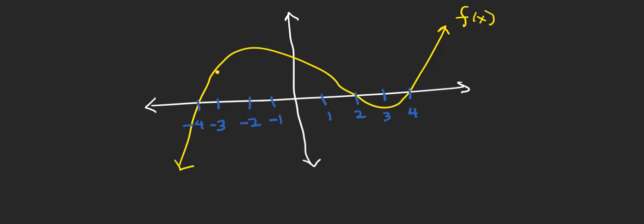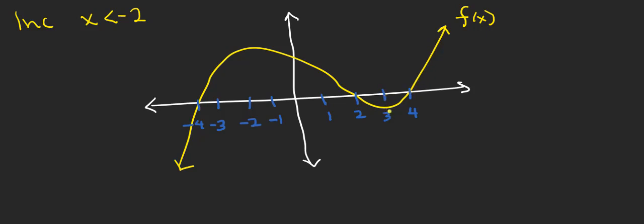It's increasing whenever x is less than -2. Look, it's increasing until x equals -2. So f is increasing when x is less than -2. Also, it's increasing whenever x is greater than 3.